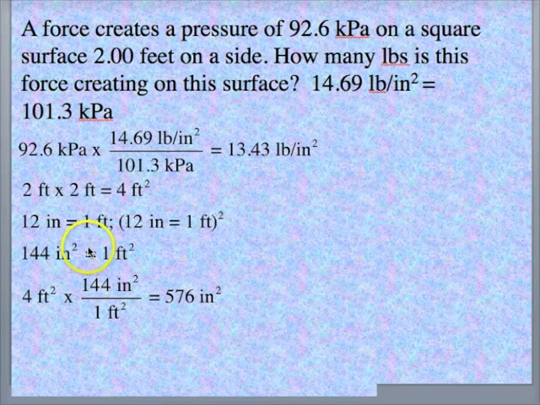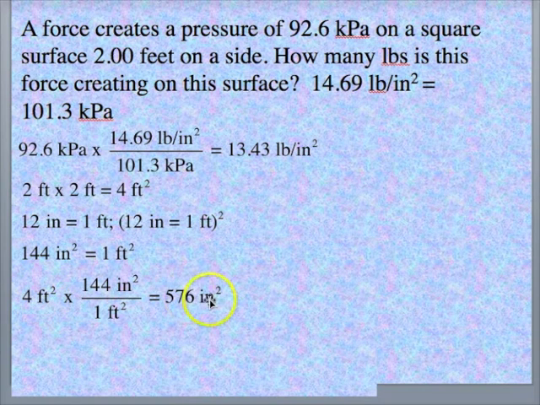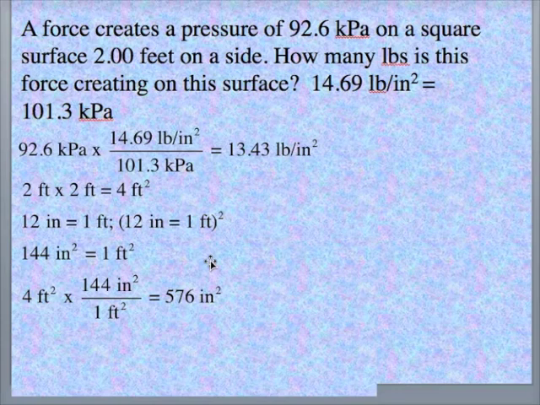The big mistake students make on a question like this is that they fail to square the 12. They'll square the units, but they won't square the number for some reason. So once you know this equivalence, then it's easy to go from square feet to square inches. You just apply the ratio, cancel out square feet, end up with 576 square inches.